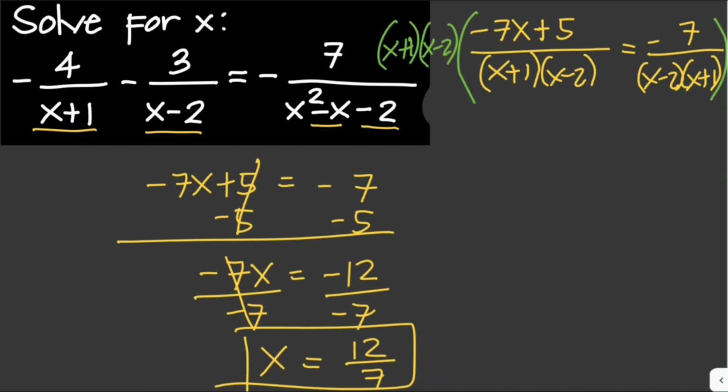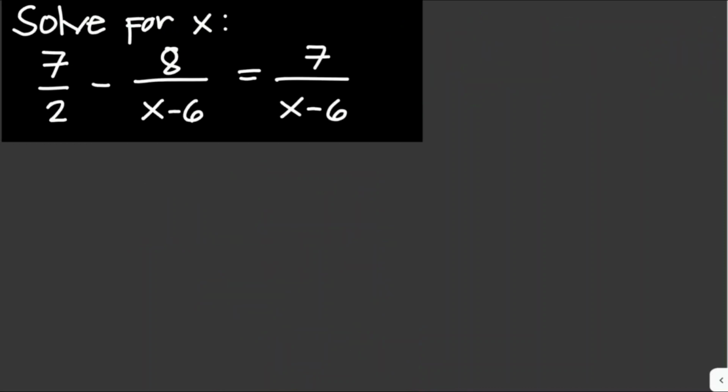Okay, let's solve another problem here. We're given 7 over 2 minus 8 over x minus 6 equals 7 over x minus 6. The expression on the right is already simplified, so we just have to simplify the one on the left.